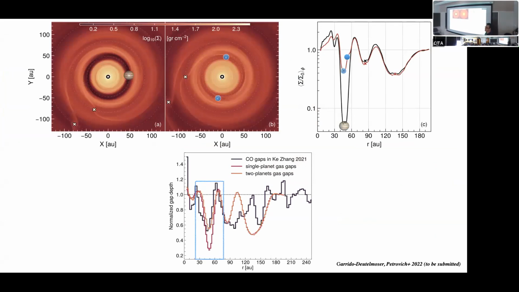These are not really deep gaps. So it's still a modified type 1 migration, Lindblad-like. Yeah, Kanagawa and others have formulas for that. And you effectively just replace this by the surface density at the bottom of the gap.